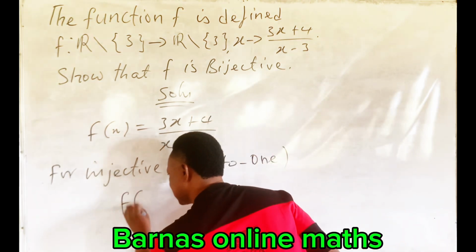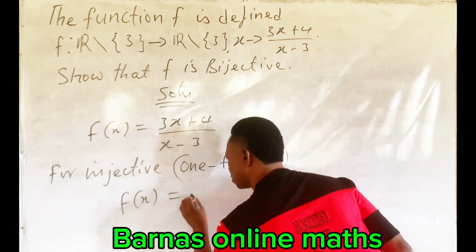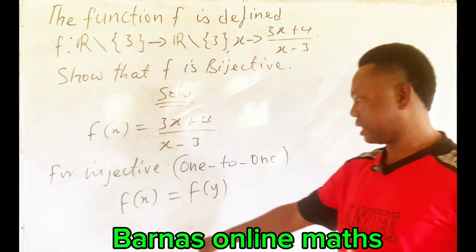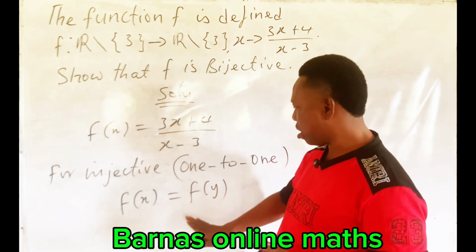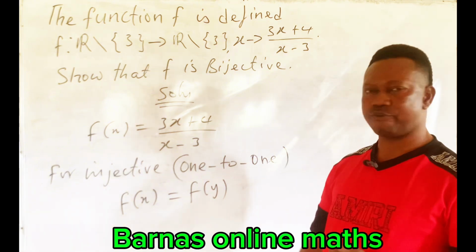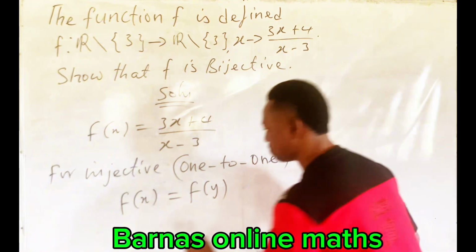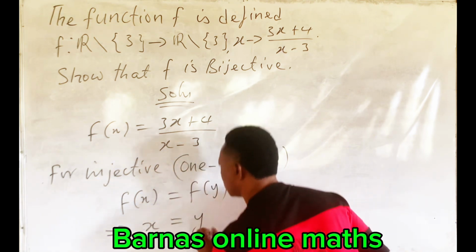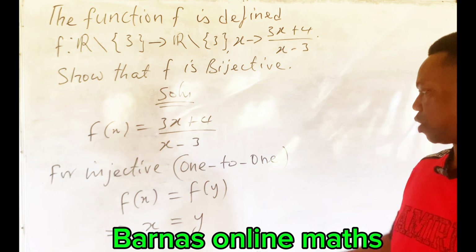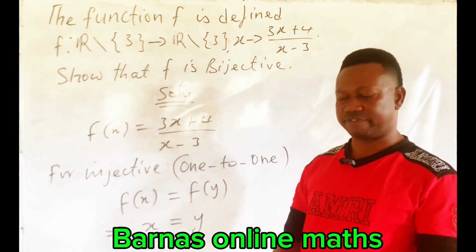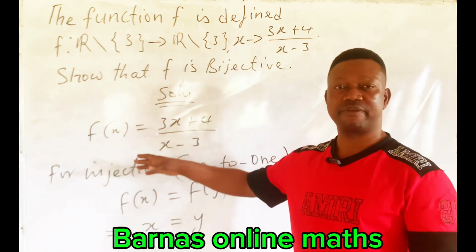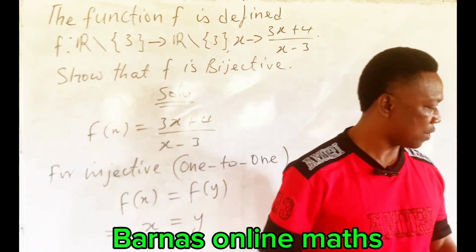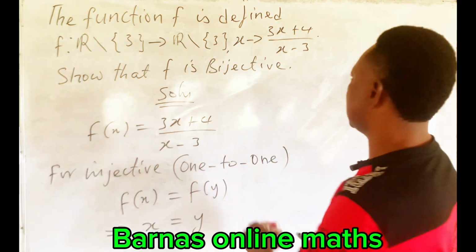Our f of x must be equal to f of y. And what does this mean? This simply implies that x must be equal to y. So if this condition is satisfied, we'll now say that f is injective. Okay, let's clean the board.